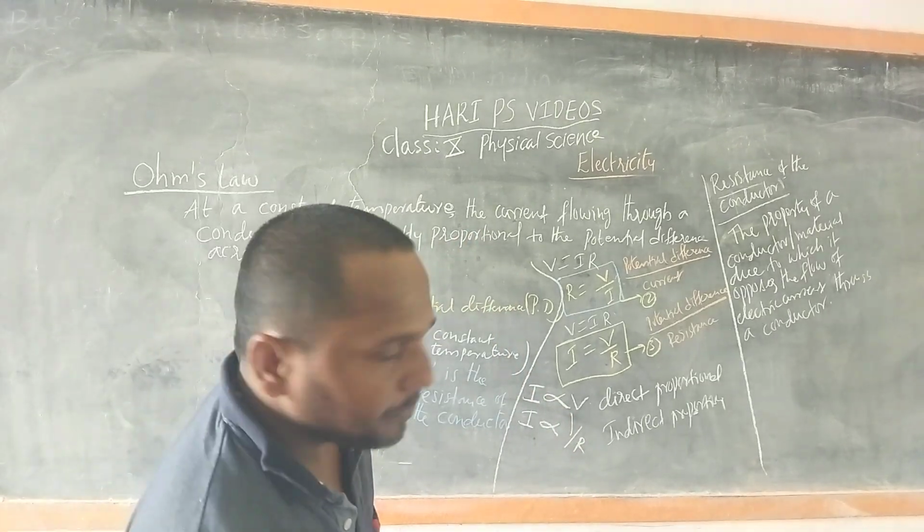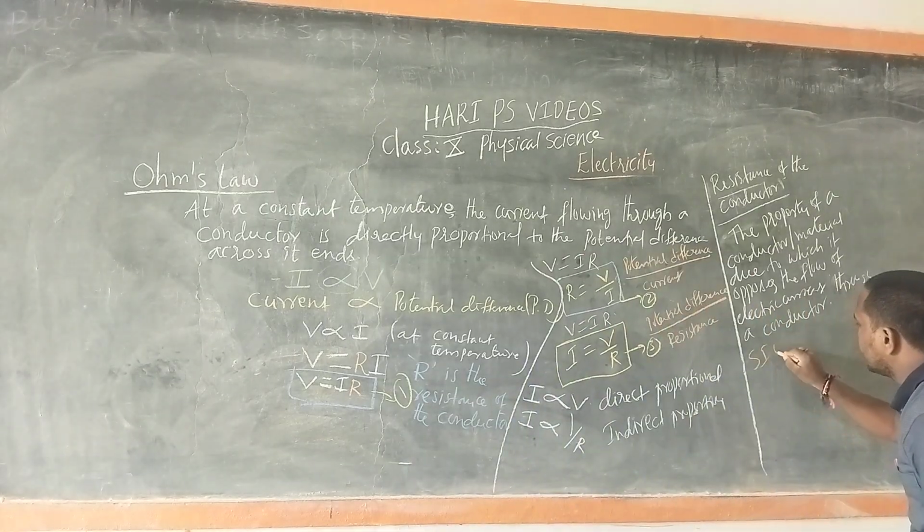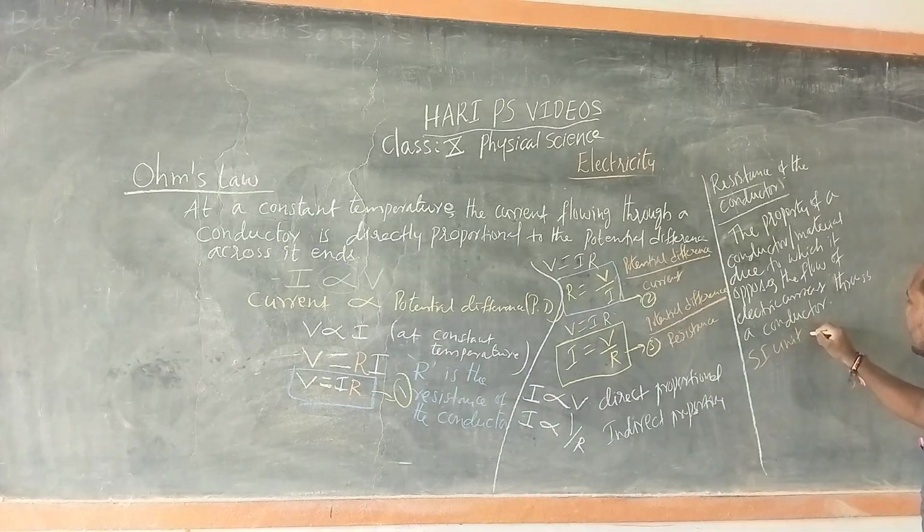So the SI unit of resistance is ohm. The symbol is called omega.